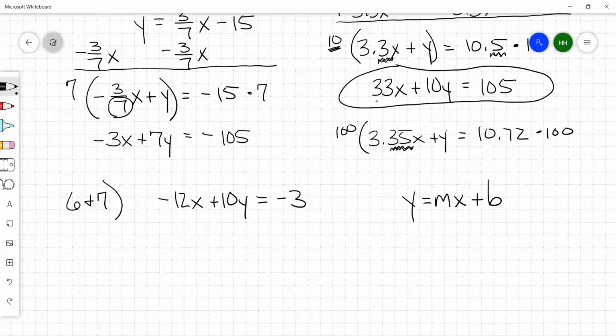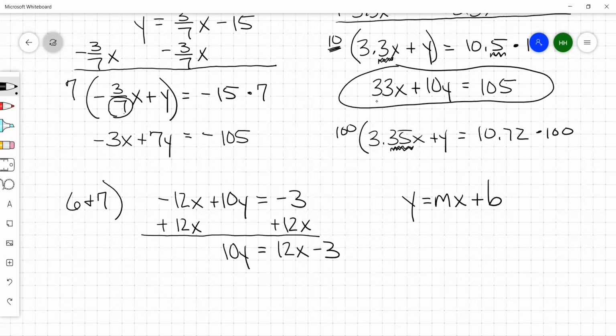So you need to make the equation on the left look like the one on the right. So you got to get the 12x on the other side of the equal sign. So you do that by adding 12x to each side. So your 10y is equal to 12x minus 3. So you're one step closer.